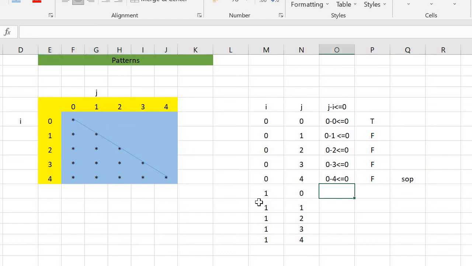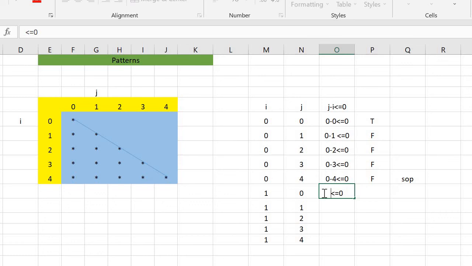Again, 1 minus 0 now. Calculate the values. 1 minus 0 is less or equal to 0. 1 minus 0 is equal to 1. We have written the statement like this.